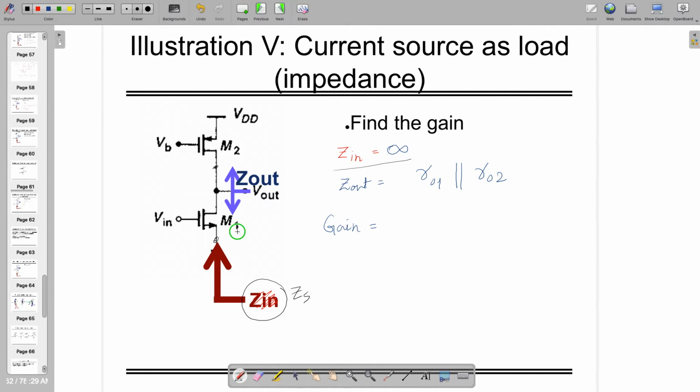Source side you are going to see GM1. What about the rest of the path? RO1 in shunt with RO2, if channel length modulation is there, otherwise it's 1 by GM again, right? So you have to consider that. If there is body effect, then what is the gain?